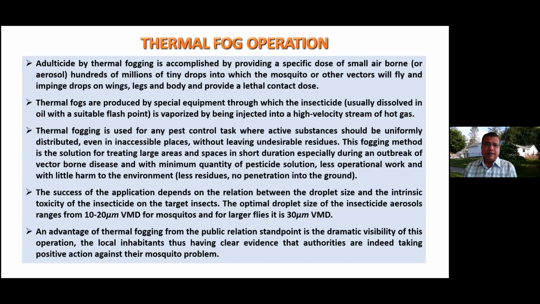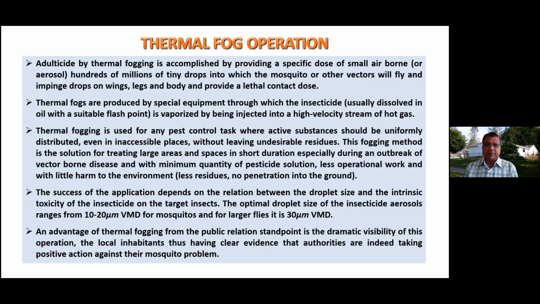Success of the application depends on the relation between droplet size and the intrinsic toxicity of the insecticide and the target insects. The optimal droplet size of the insecticide aerosol is from 10 to 20 micron VMD for mosquitoes, and for larger flies it is 30 microns VMD.